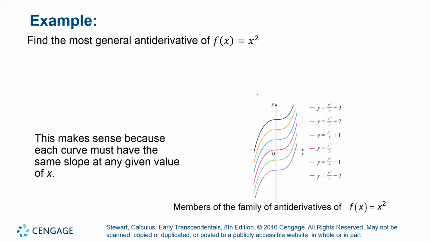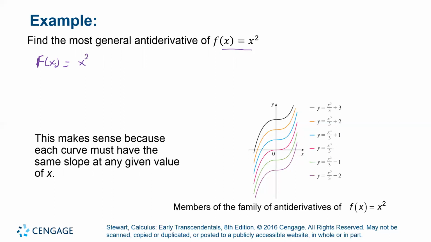For example, if you have a function f of x which is x squared, and you want to find the capital F, in other words, a function that when we differentiate it, we get x squared.